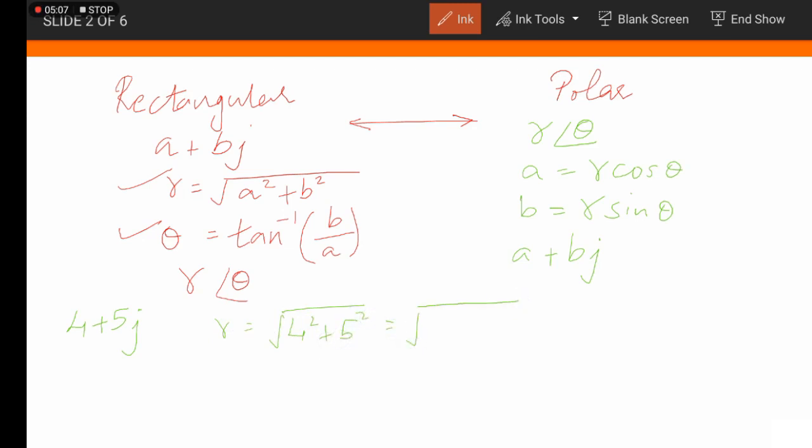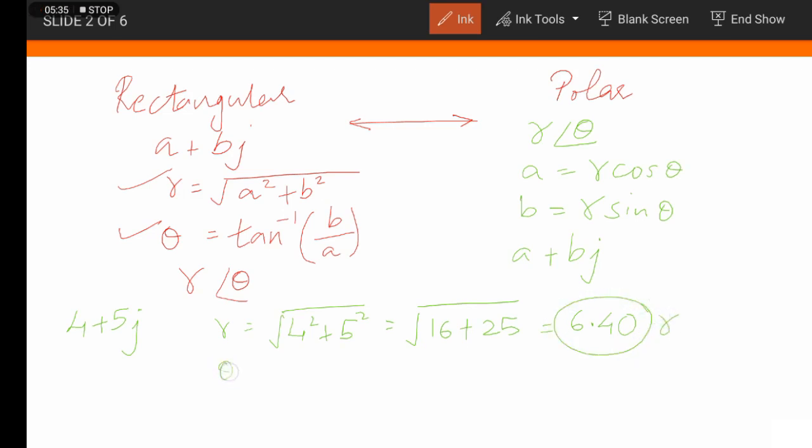So it makes it 16 plus 25. 16 plus 25 comes out to be 41, right? So square root of 41 comes out to be 6.40. So this value is nothing but R.